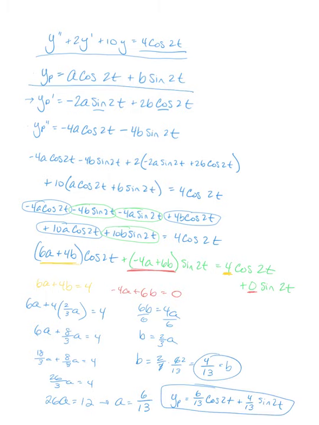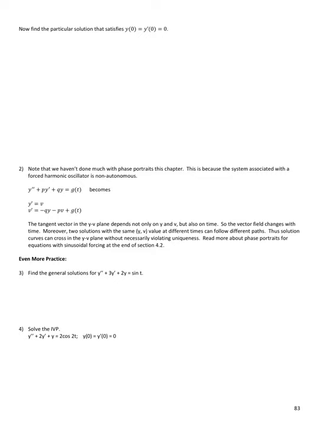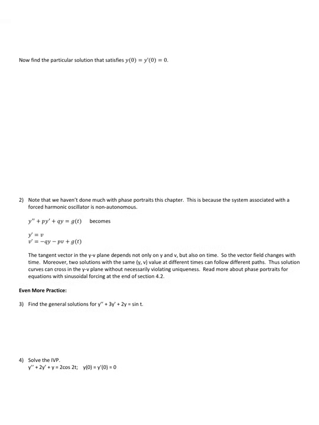All right, so I'm not quite done, right? I found y homogeneous on the previous slide. This is y particular. Y general is the sum of y homogeneous and y particular. So I'm going to need one more page. Just going to write it above this.